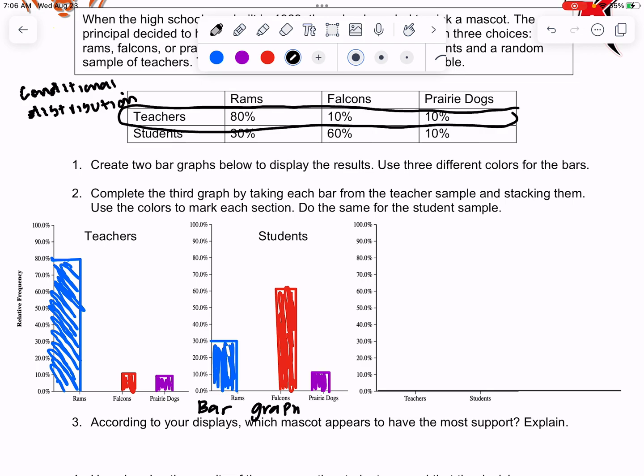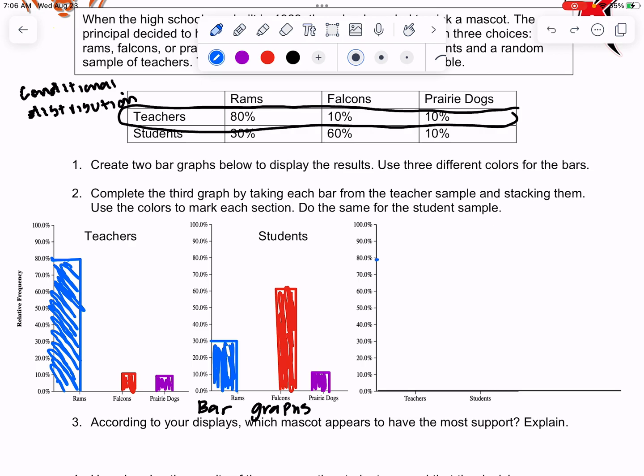And the other thing they want us to do is make a segmented bar graph, which is essentially, remember, just a bar graph that, instead of side-by-side, has the bars stacked onto each other. So for teachers, we're going to go 80% here.